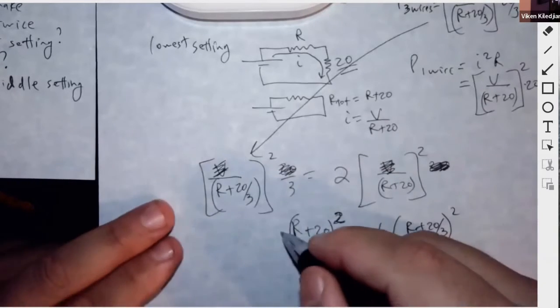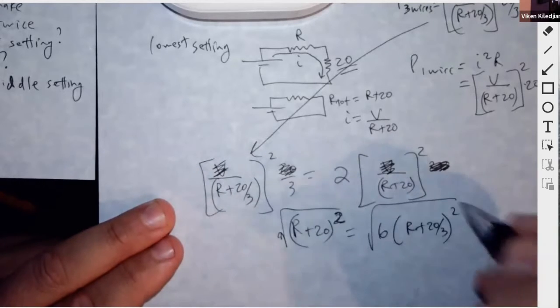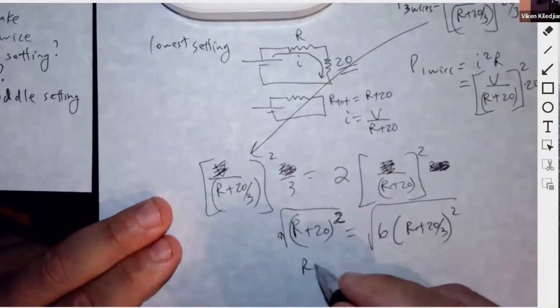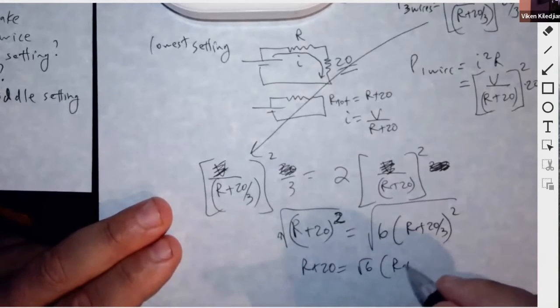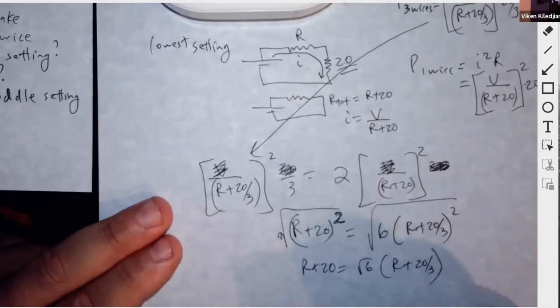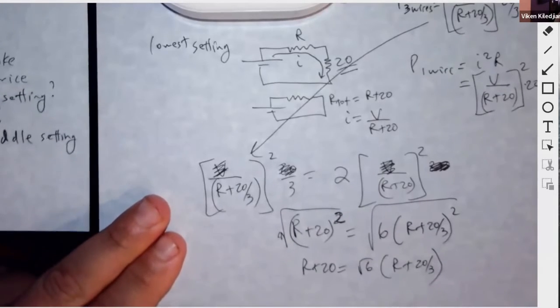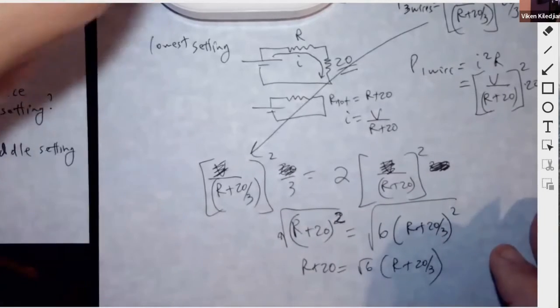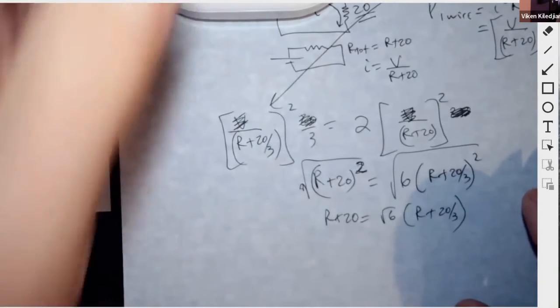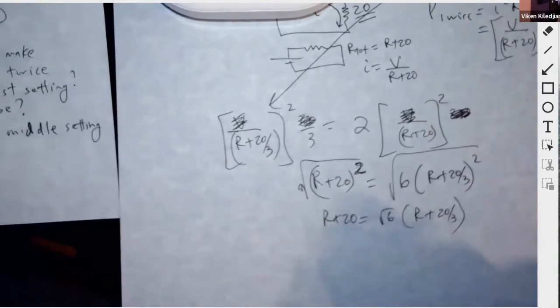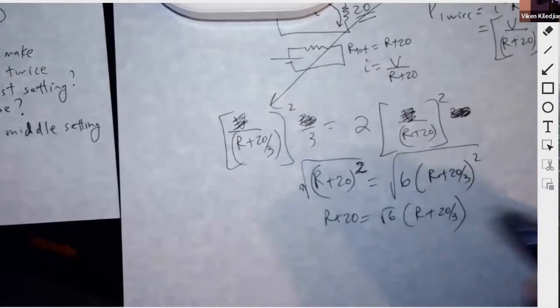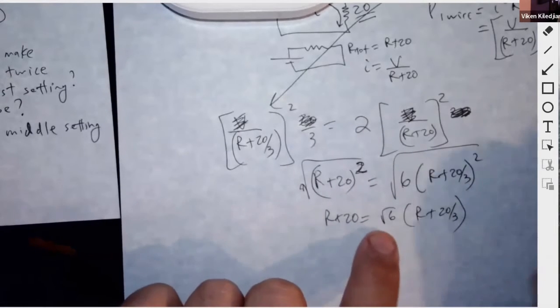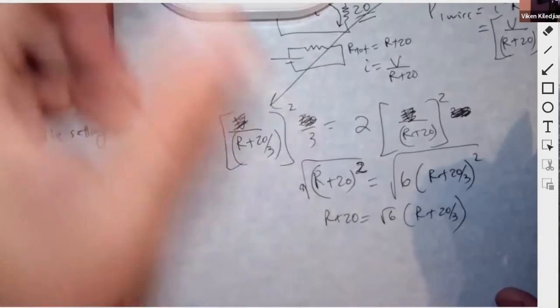Now square root it. R plus 20 is equal to square root of 6 times R plus 20 over 3. When I do that, there might be a second option, right? Plus or minus, but I'm not sure if the minus is going to give me a positive answer.